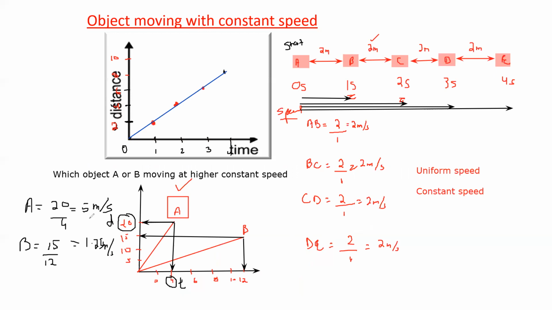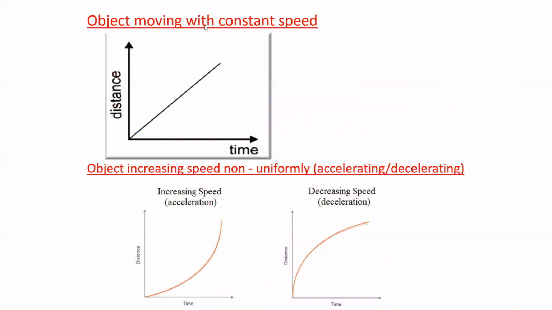So 20 divided by 4 is equal to 5 meters per second. So A covered 5 meters in 1 second. But what about B? The distance traveled by B is 15, and it took 12 seconds to complete that distance. So 15 divided by 12 is equal to 1.25. So it shows that B is traveling slower and A is traveling faster.